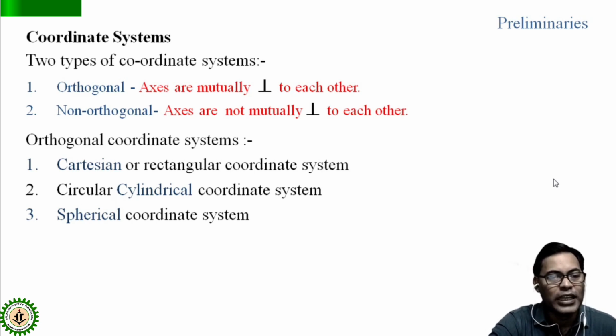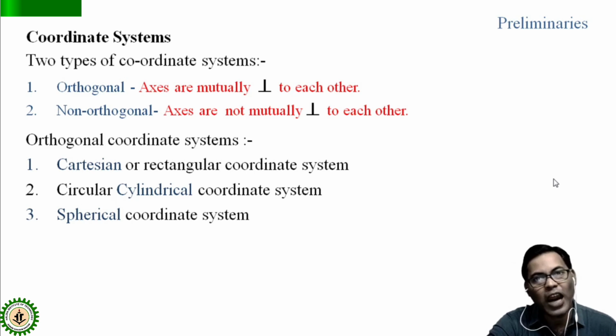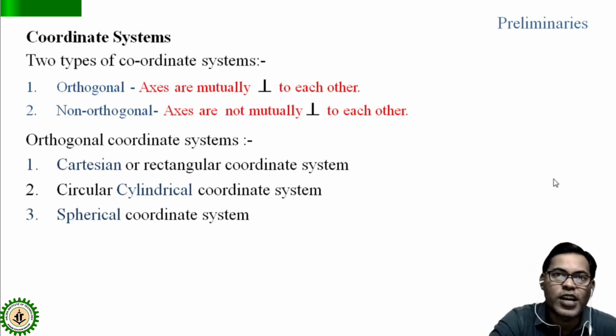But if we transform the problem from the spherical to the Cartesian coordinate system, then it may be easier to solve. That is why we need to study different coordinate systems.